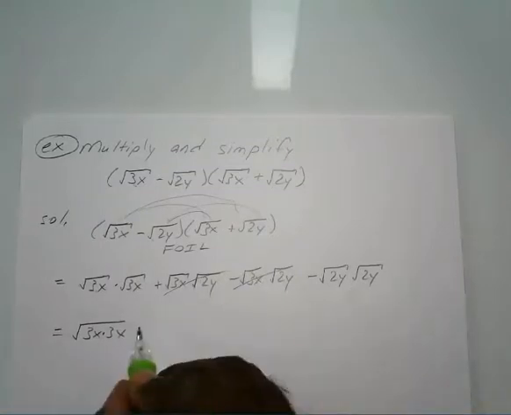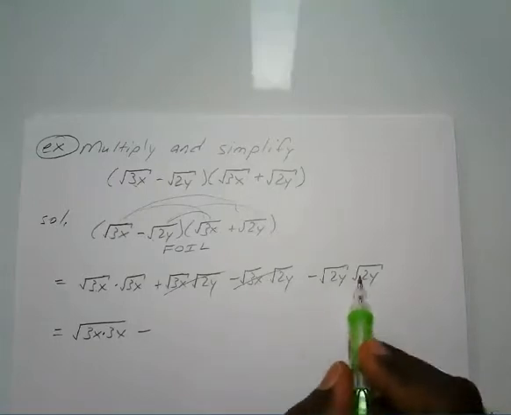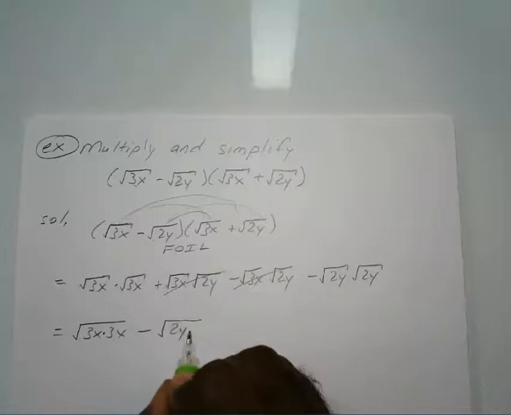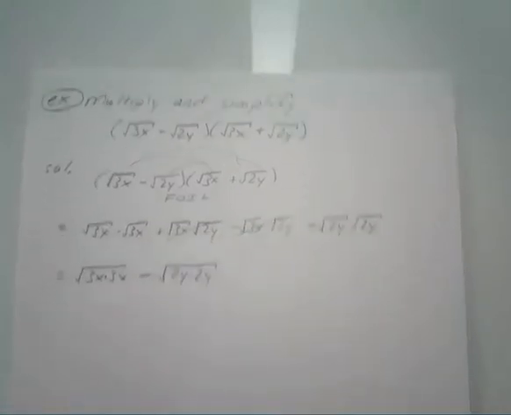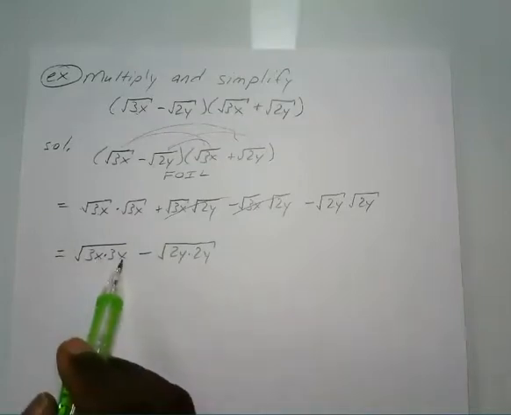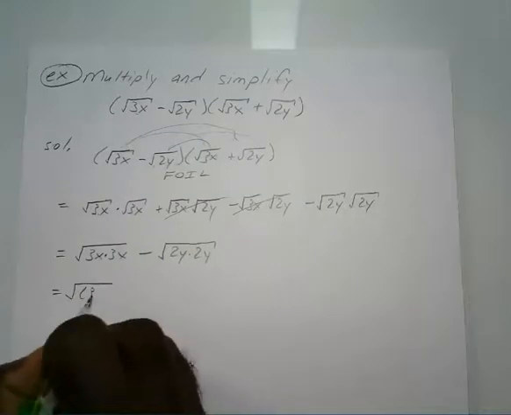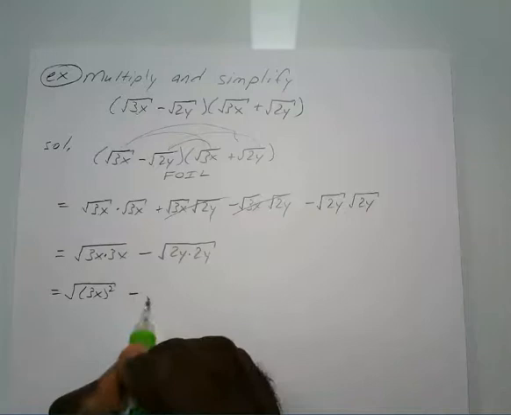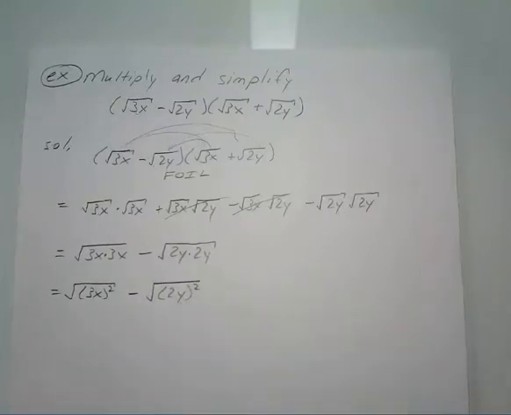And here you have square root of 2y times square root of 2y. They're both square roots, so you can put them both under the same root symbol. Okay, so 3x times 3x is just 3x squared. So you have the square root of 3x squared minus the square root of 2y squared.